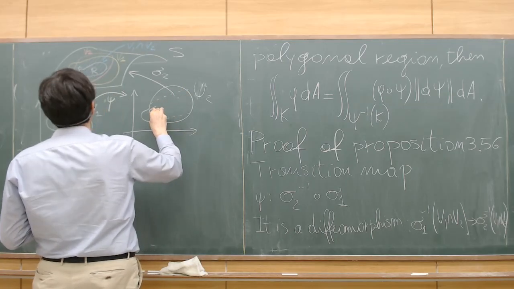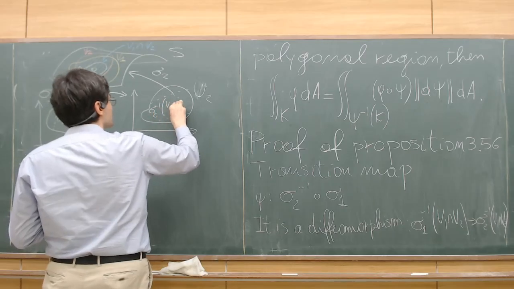This is sigma 2 inverse of V1 intersection V2.